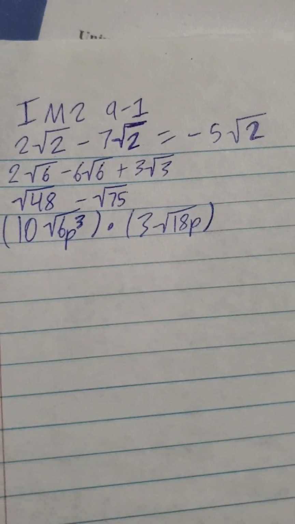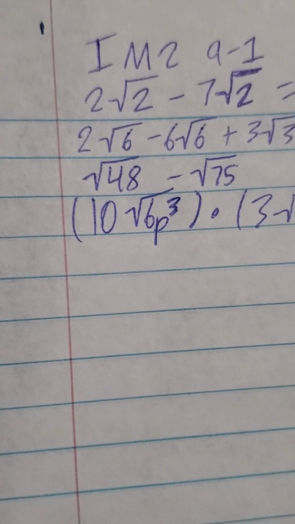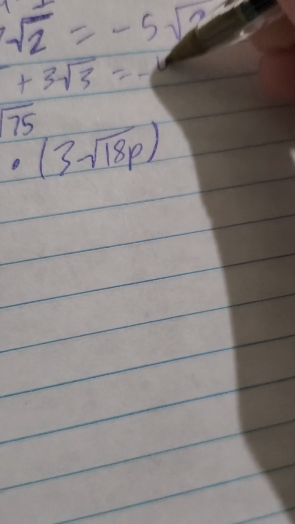Now, sometimes your roots are not going to be the same. Right here, we have two terms with root 6, and you can combine those terms. And since we have two of the same term, ignore the terms. We have 2 minus 6, which is negative 4.